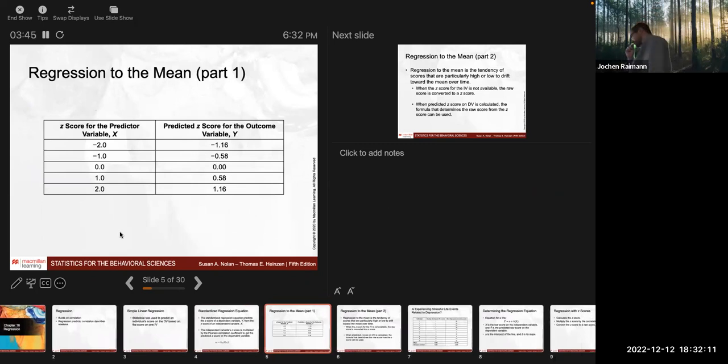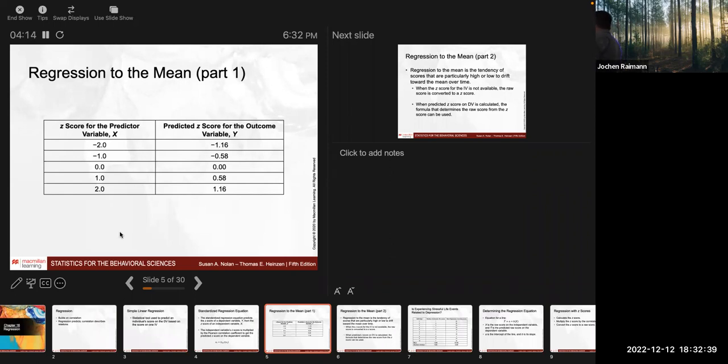Good. This being said, if you're operating now with a correlation coefficient of 0.58, which, as we remember, is a large correlation, you have a standardized x of -2, -1, 0, +1, +2. At 0, your predicted z score is 0.